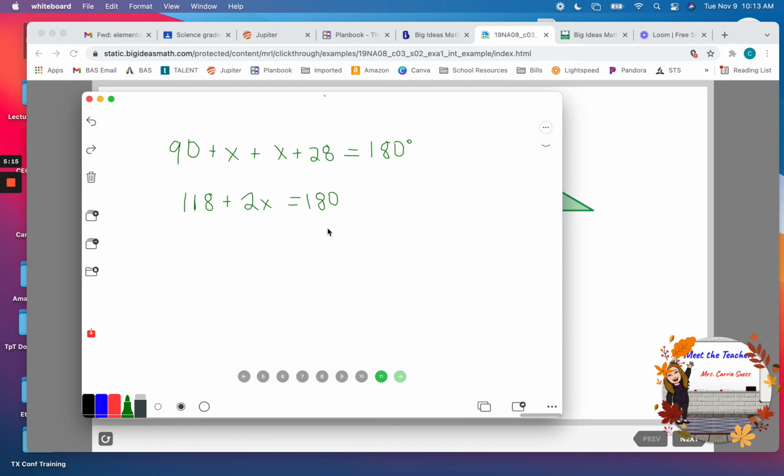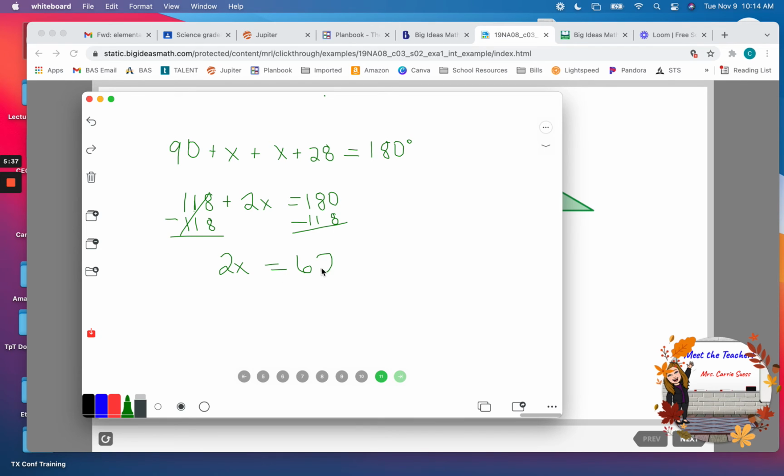All right, so now we need to simplify, get the x by itself. What over here should I move first? Josh? 118, and I'm going to subtract because it's a positive 118. Minus 118 over here. So that cancels. I'm left with 2x. What's 180 minus 118? 62.